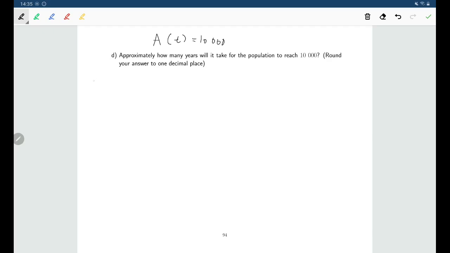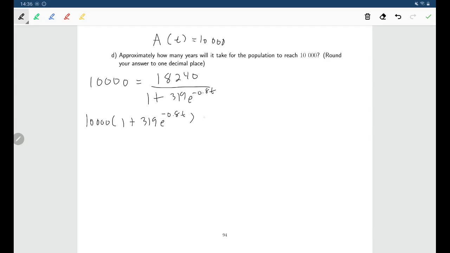So we'll put in 10,000 for A of t. And now it's just a matter of us solving for t. So the first thing I'm going to do is take that denominator and bring that up to the left side. So I'll have 10,000 times 1 plus 319 e to the negative 0.8t equal to 18,240.